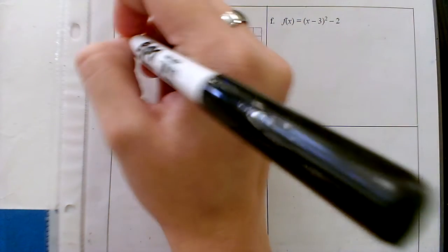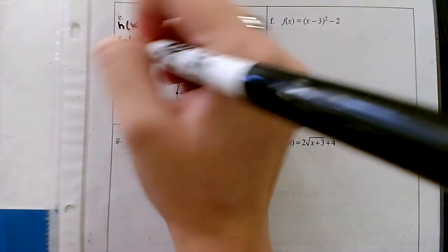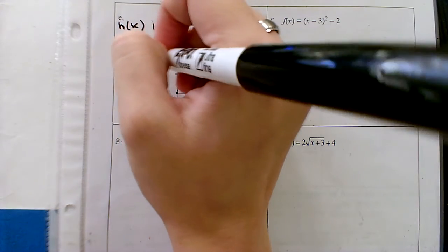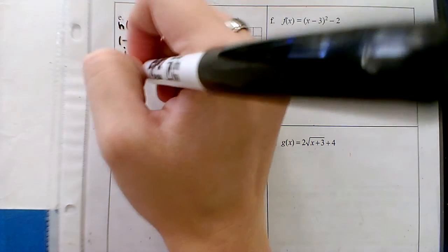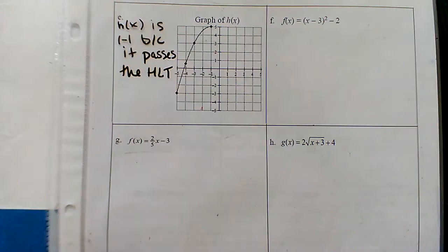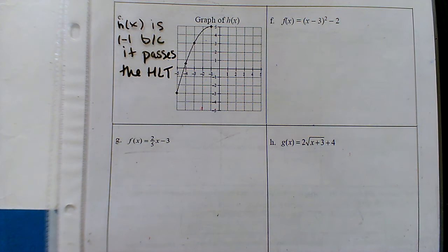So h of x is 1 to 1 because it passes the horizontal line test. So that must mean the inverse does exist.